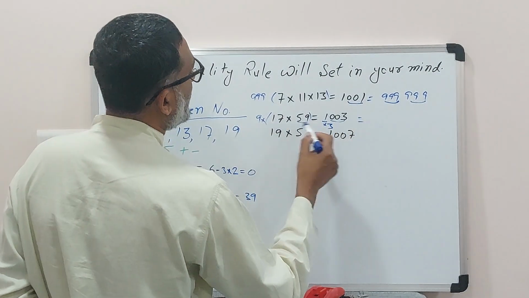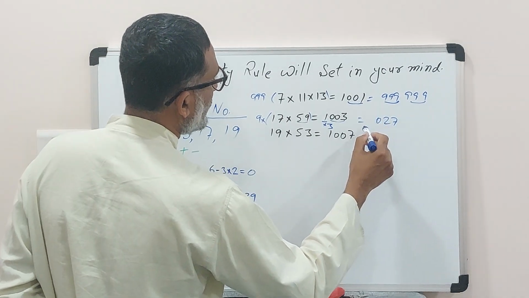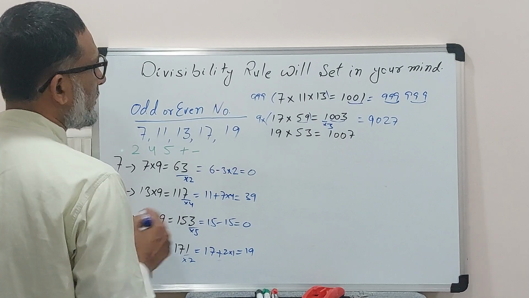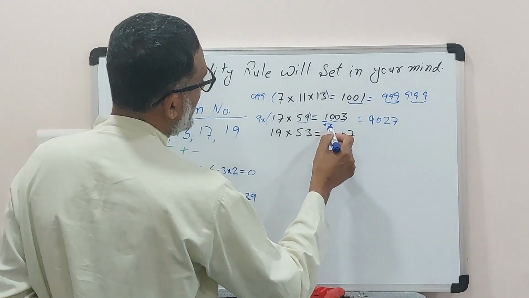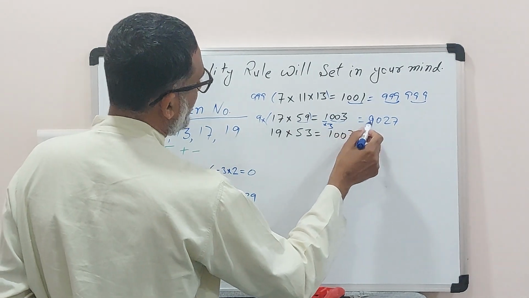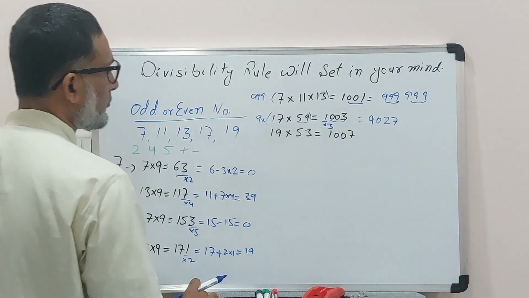This number also becomes 3 times 9 is 27. And what is the rule saying? Here is 3, so we have to multiply it by 3. By this way you can remember. So when you multiply 9 by 3 it is 27, 27 same, this difference becomes 0.